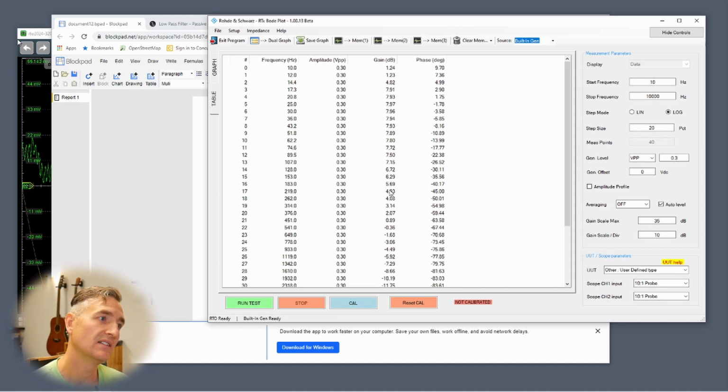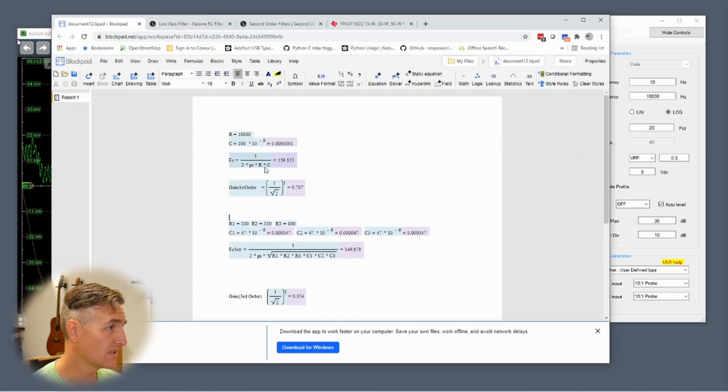It is not cutting off at 159 hertz. It is cutting off at 200 hertz, 219 hertz. Now, that could be because my R or my C is not actually 10K.